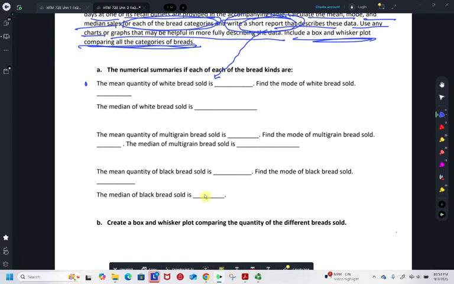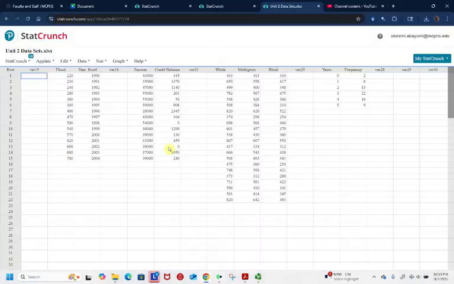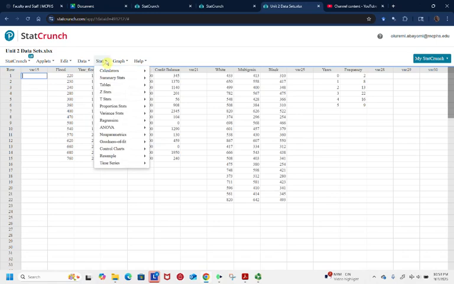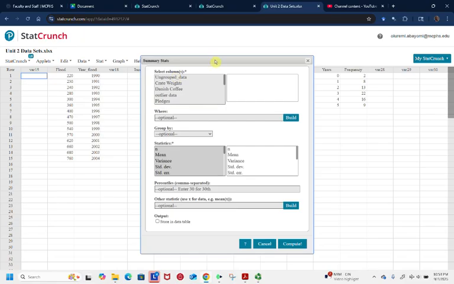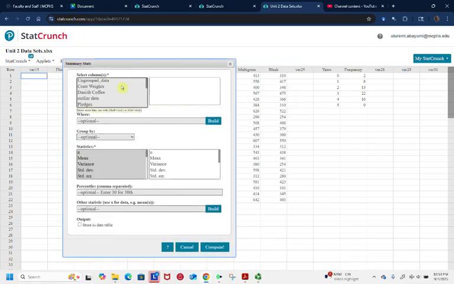To do that, we go to StatCrunch, go to Statistics. We like summary statistics because we are trying to condense many data values into single values. These values are recorded in columns. So we go to Columns and we choose white, multi-grain, and black.